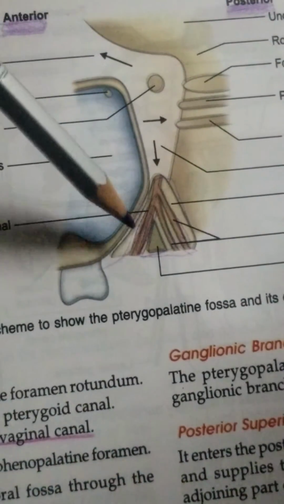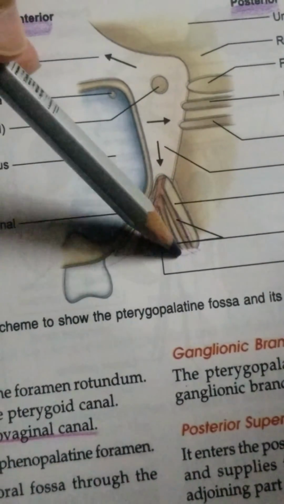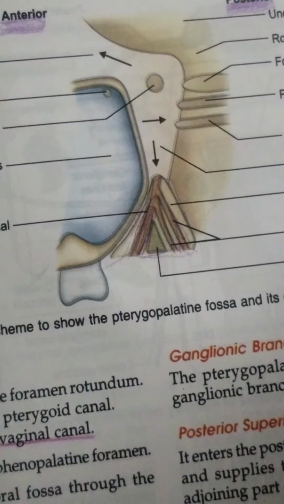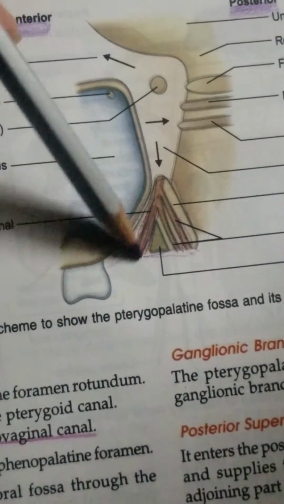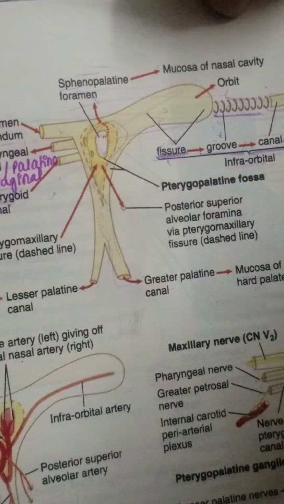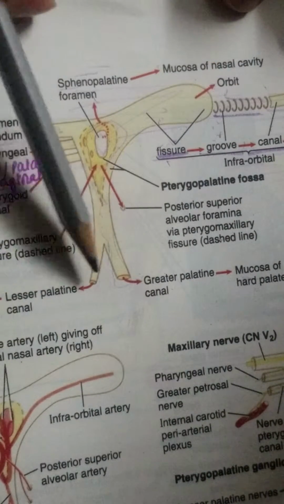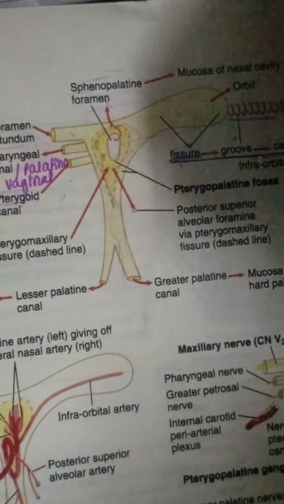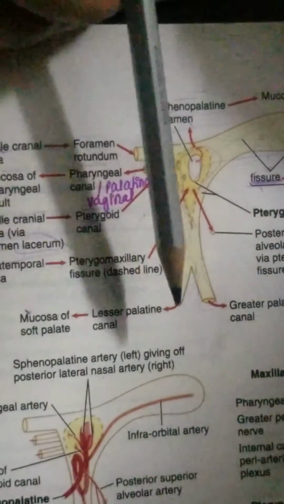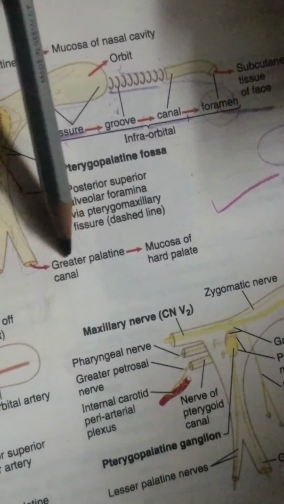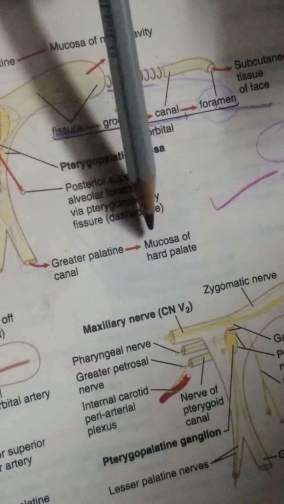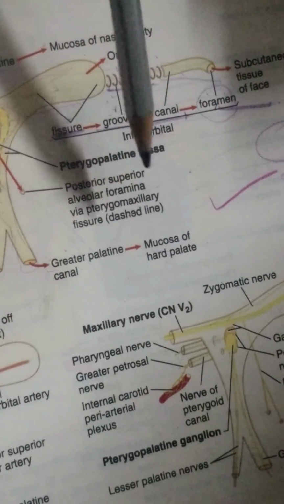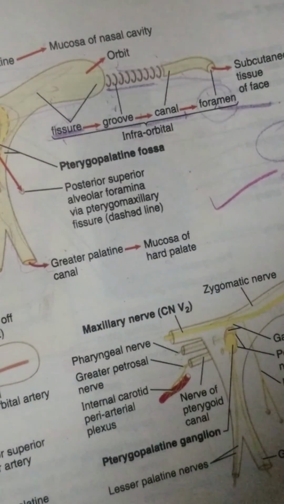This one is the greater palatine canal, and this is the lesser palatine canal. So inferiorly, it communicates through the lesser palatine canal to the soft palate, and through the greater palatine canal to the hard palate. So we are done with communications and boundaries.